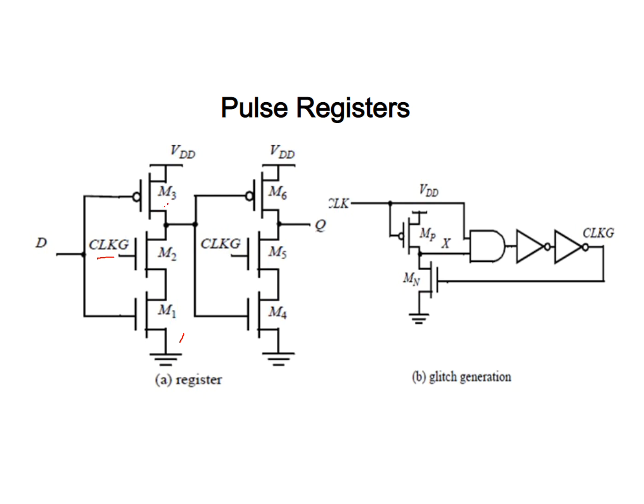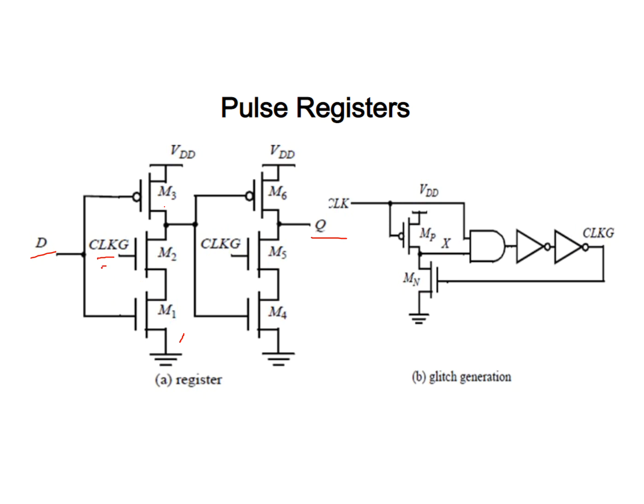M3 and M1 are interlinked, and we are giving the D input. Between M2 and M3, we are taking the output, which is connected to M6 and M4, the PMOS and NMOS transistors. For the M5 gate, clock G is given, and between M5 and M6, the Q output is taken.